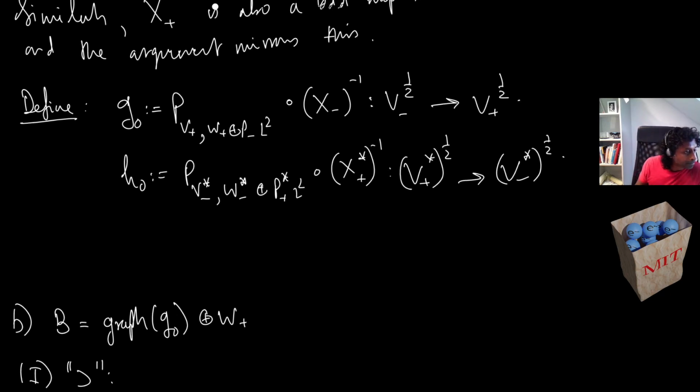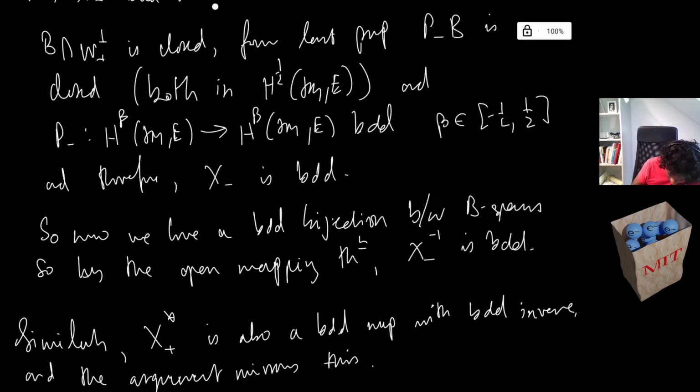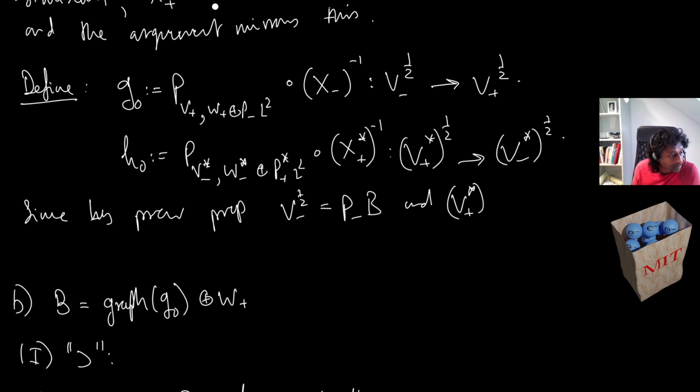Okay, let me say, since by previous proposition V minus a half is precisely P minus B, and V plus star a half is P plus star B perp H hat P plus of D intersect. No, that's correct. What am I talking about? That's correct. Yeah.